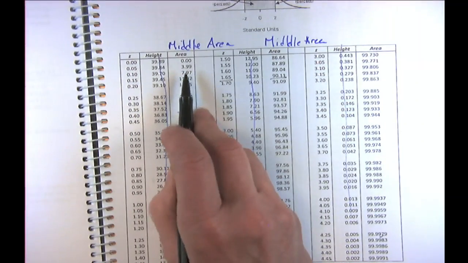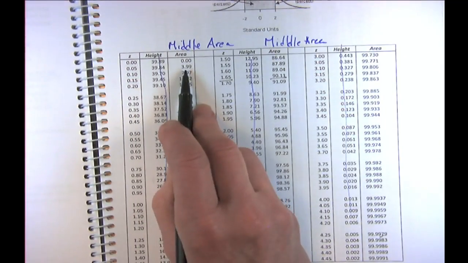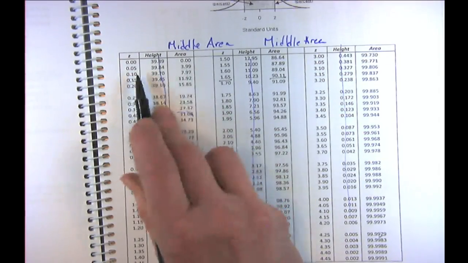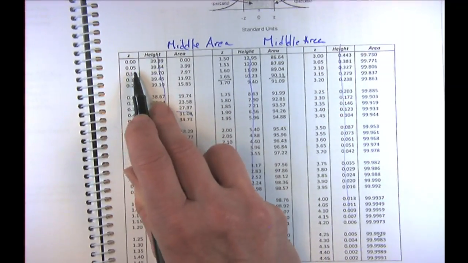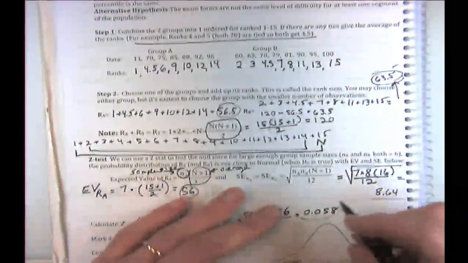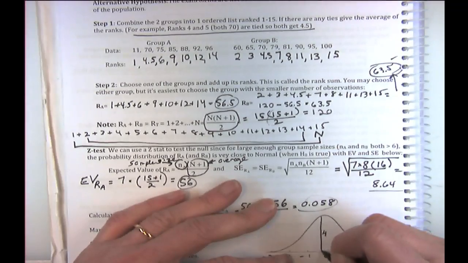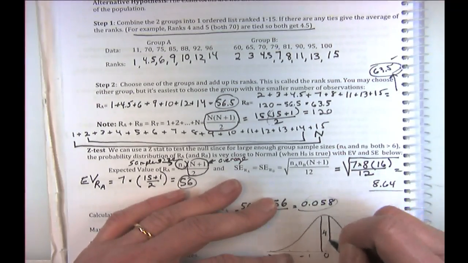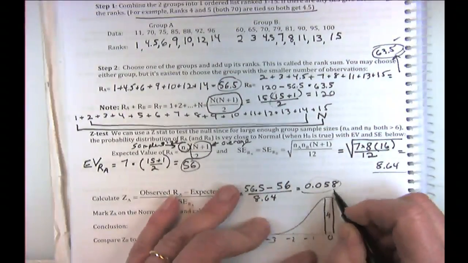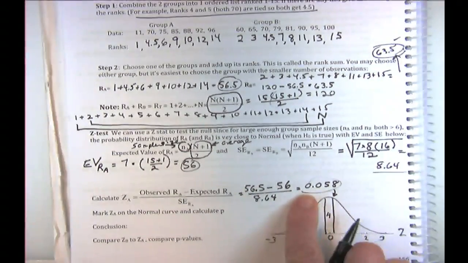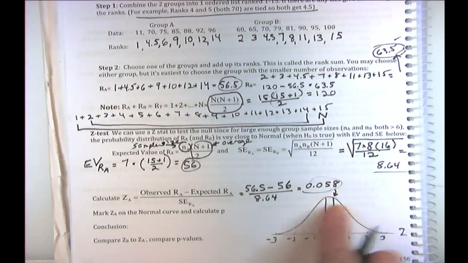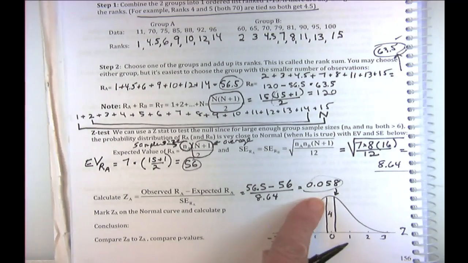It's right in here, 4% in the middle. We have 0.058. It's very close to the 4% in the middle, so let's just go with that. So I'm just going to put a little 4% in the middle with tiny little error bars on either side. And 0.058 is the z-score, and this is negative 0.058.